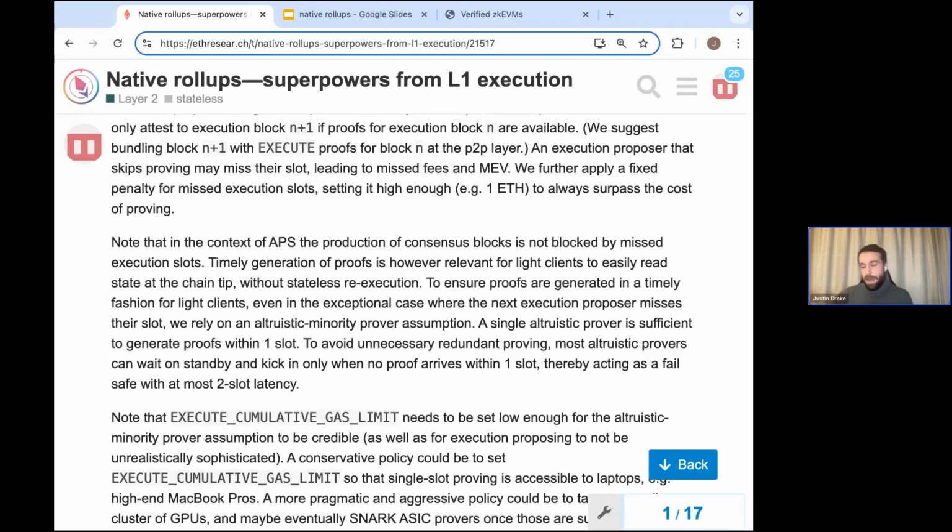And actually, to make it even harder, I'd say it's 12 seconds minus the time it takes to gossip these proofs. Let's say that's 1 second. So really, what we should be aiming for is about 11 seconds of latency.